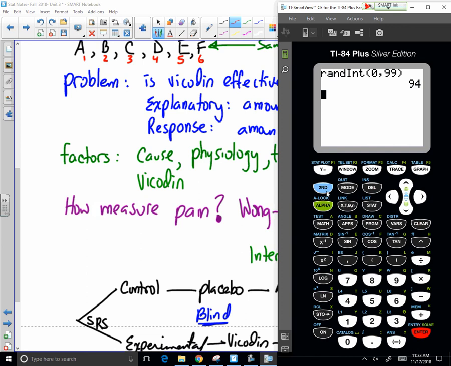So I'll do a random selection of 3 values. The 3 values that come up, I'll just throw those in the control group, and the other 3 I'll put in the experimental group. There's a lot of ways to do it. This is just the way I'm choosing to do it here. Now, if I get a repeat, I might want to do it again, but we'll see.